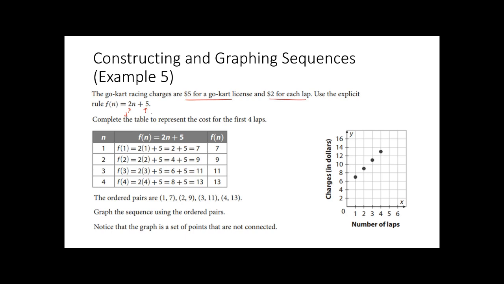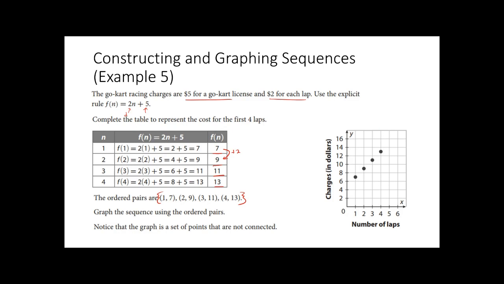That was our initial cost, if you will. Now, if we used a table, first it would cost us 7, but for 2 laps it would cost us 9, cost us 11, 13, and so forth. And the ordered pairs for this set would be written like this, okay? So again, if you notice our common difference going up by 2's, that's because our common difference is 2.